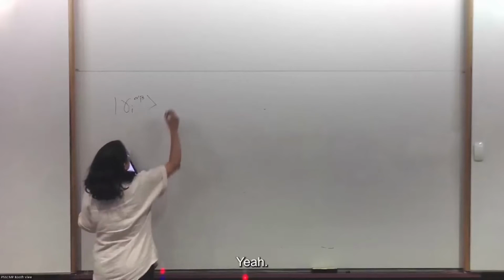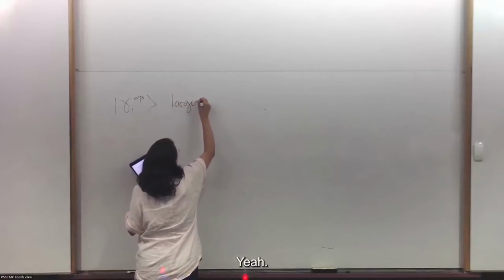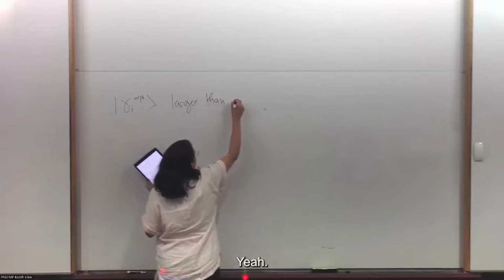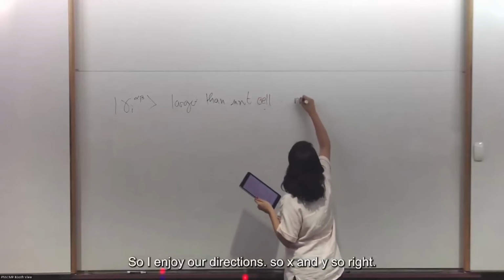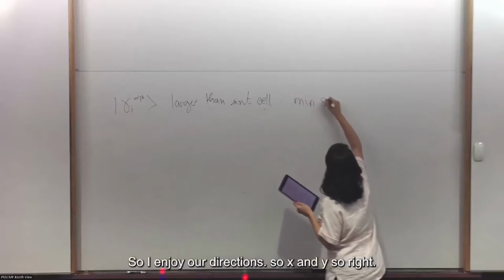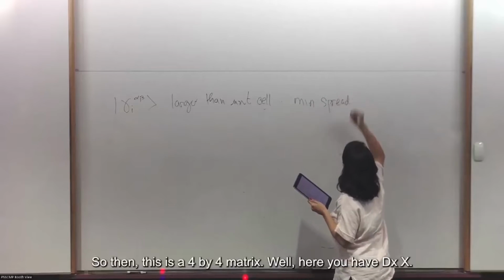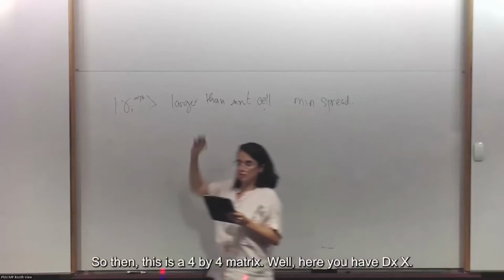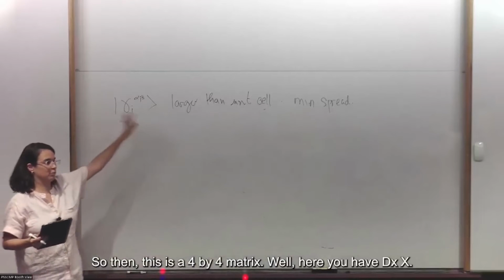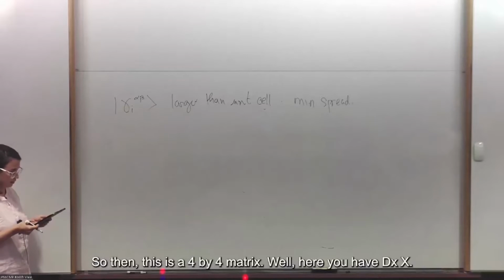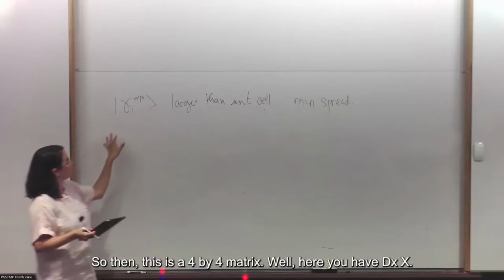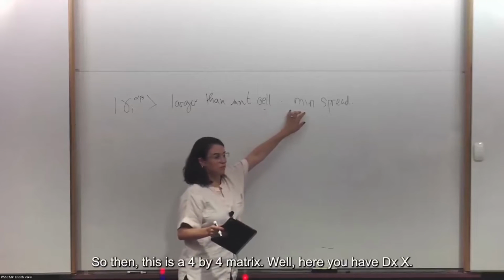So this is larger than the unit cell. There should really be a minimum of the spread of these local states in the band. It's not necessarily easy to prove in general.